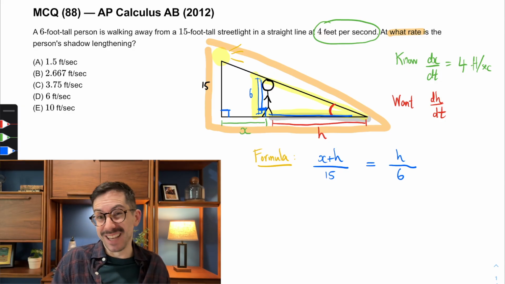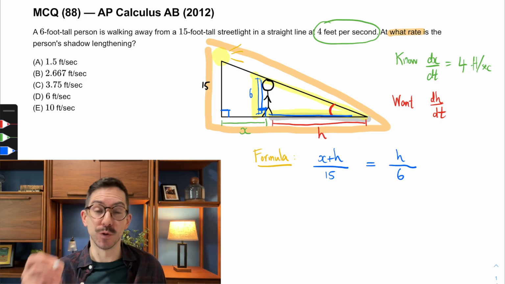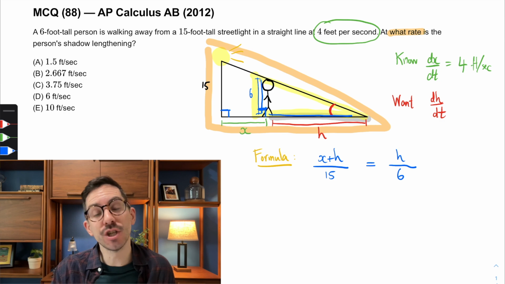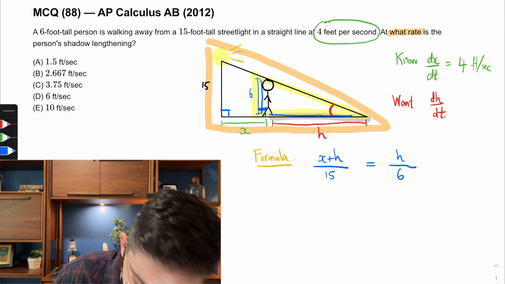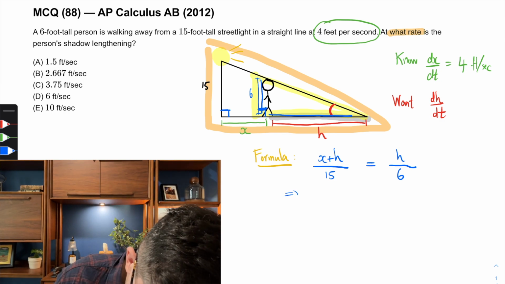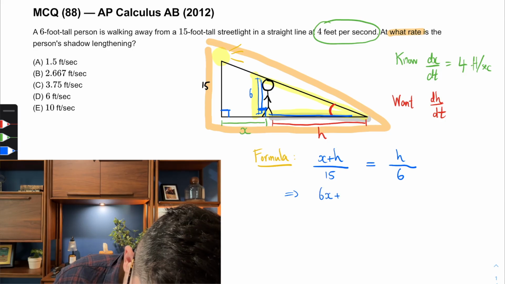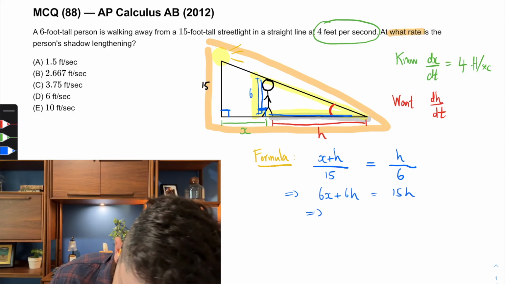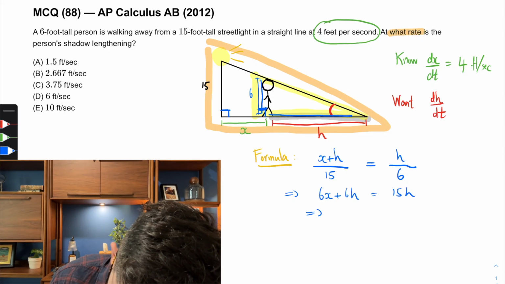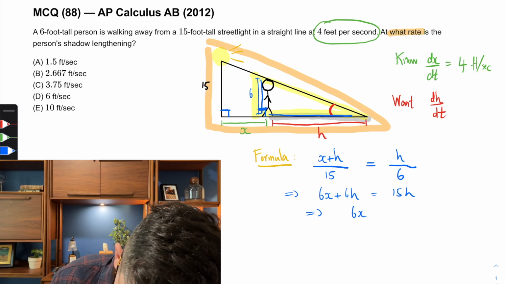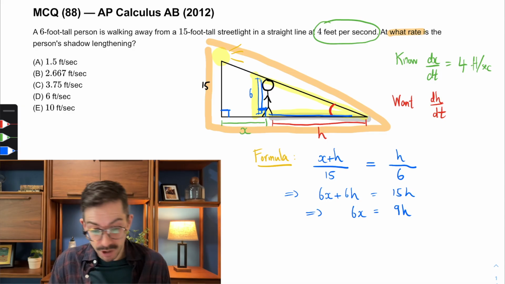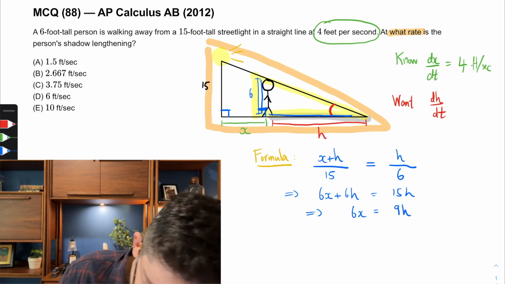I can maybe tidy this up a bit, but then ultimately I'm going to differentiate both sides with respect to t, and that's going to give me an equation that I can algebraically solve. So let's just cross multiply here. So I'll get 6x plus 6h equals 15h. If I gather terms, this will give me 6x equals 9h. Now I'll just differentiate both sides.